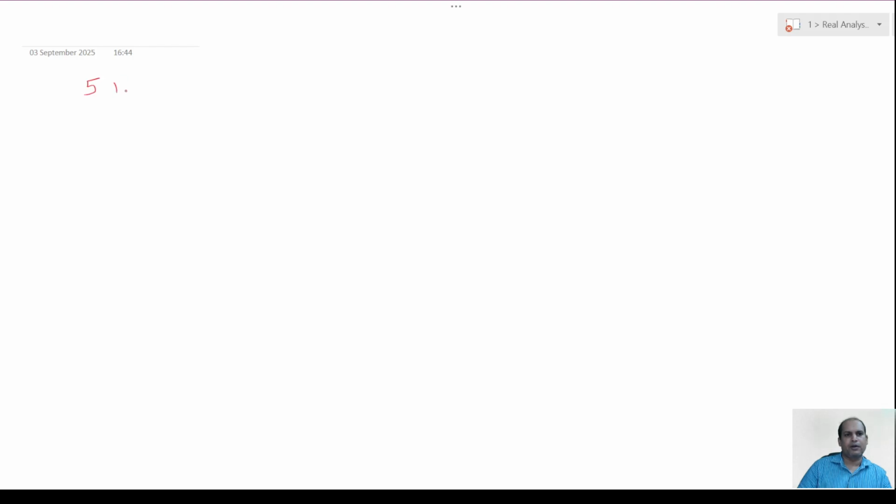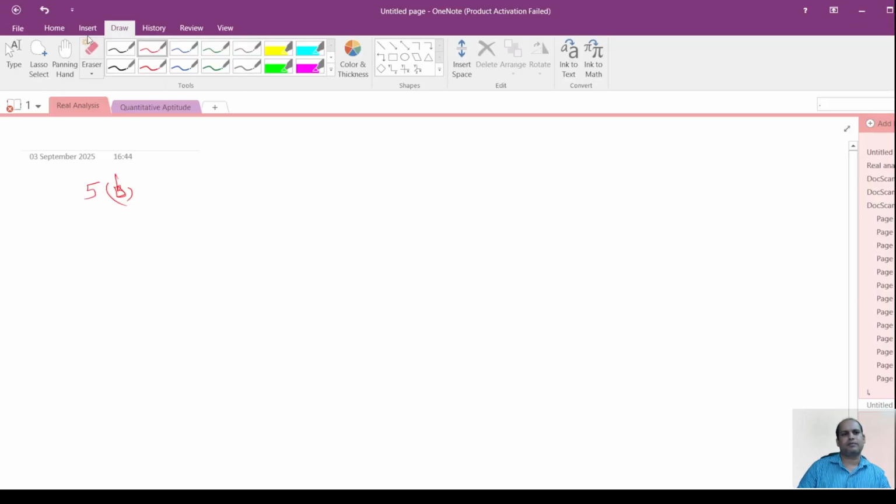Similarly, one can do this one, 5B part. Set B is given as the collection of all those x belonging to the set of real numbers such that x plus 2 is greater than or equal to x square.